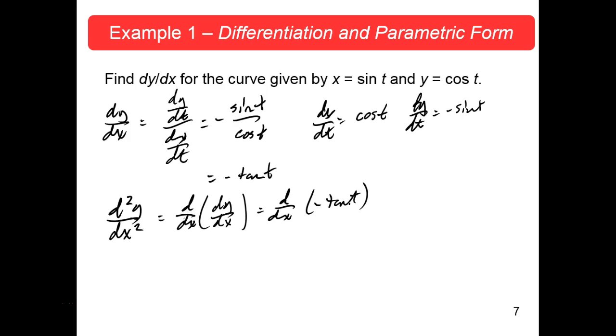Now, just like we did up here, d of minus tangent t, that's the dy/dt over dx/dt.